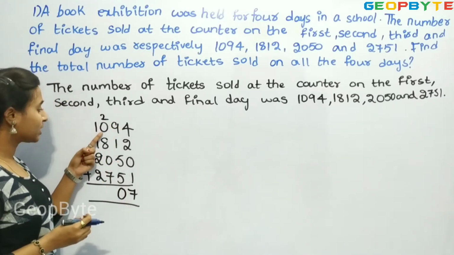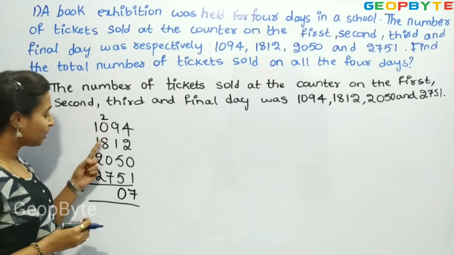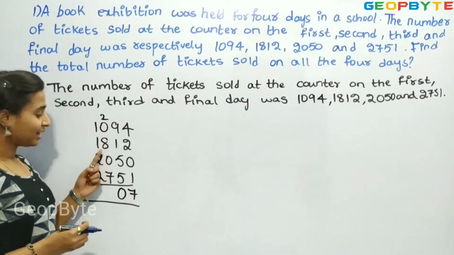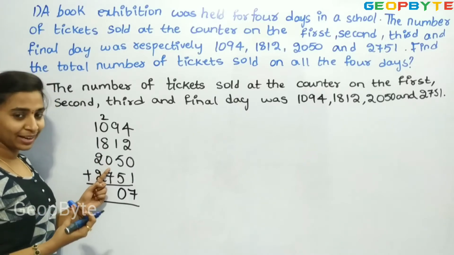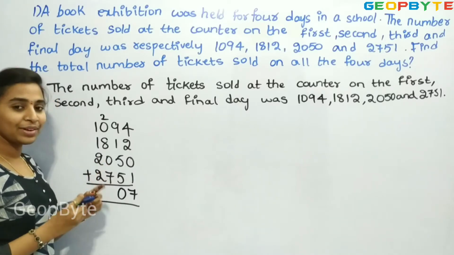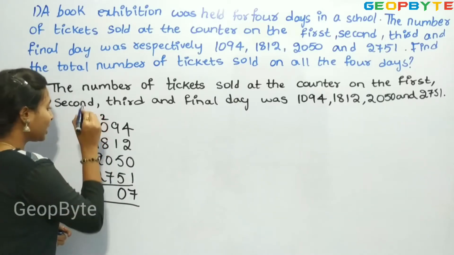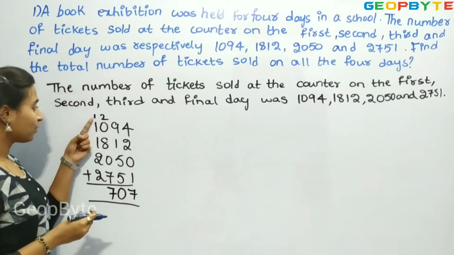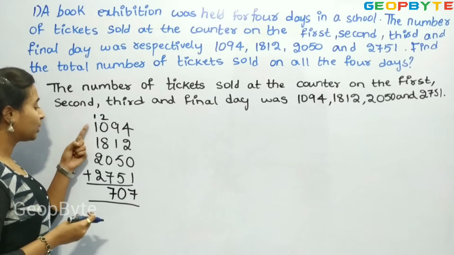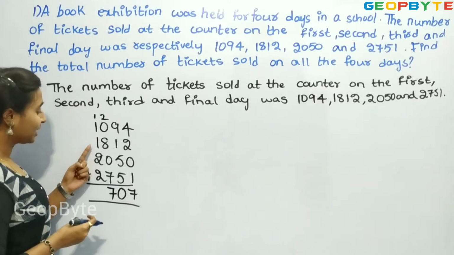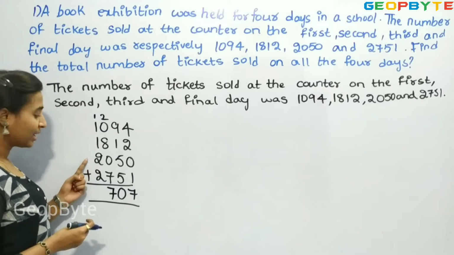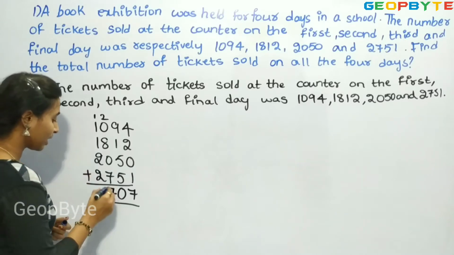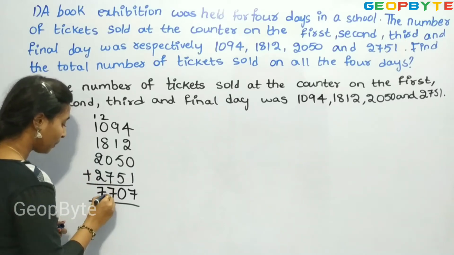Now 2 plus 0, 2. 2 plus 8, 10. 10 plus 0, 10. 10 plus 7, 17. Write the 1 here and 7 here. Now 1 plus 1, 2. 2 plus 1, 3. 3 plus 2, 5. 5 plus 2, 7. So let us write 7.